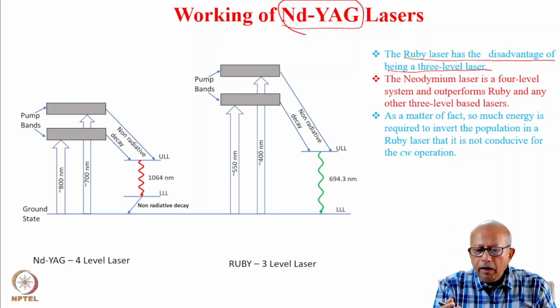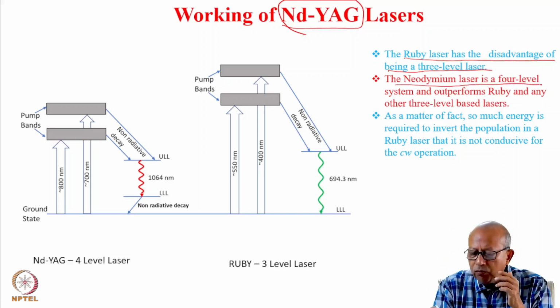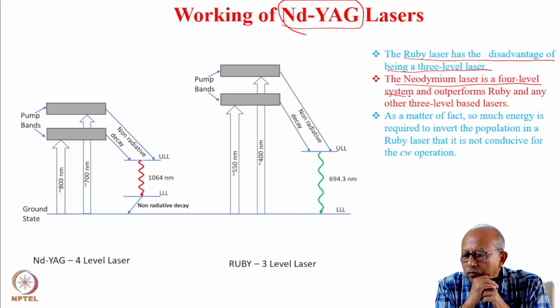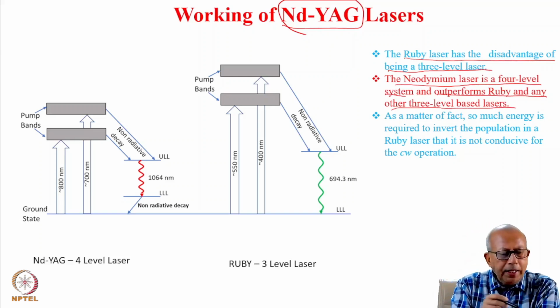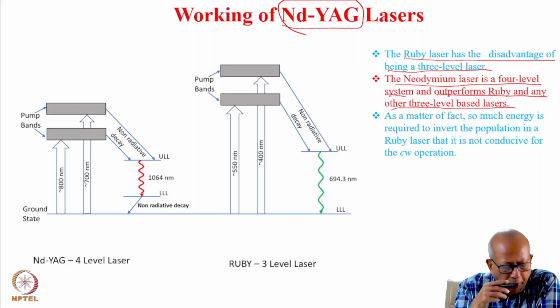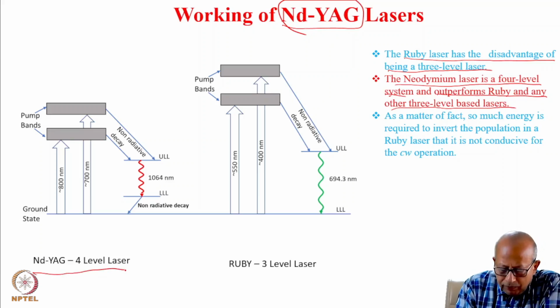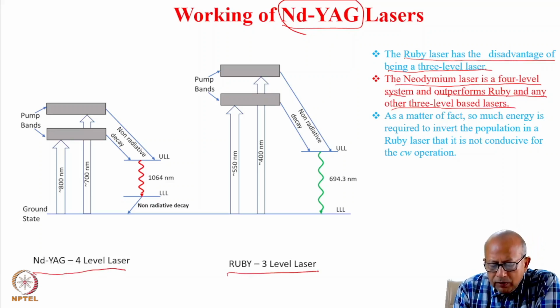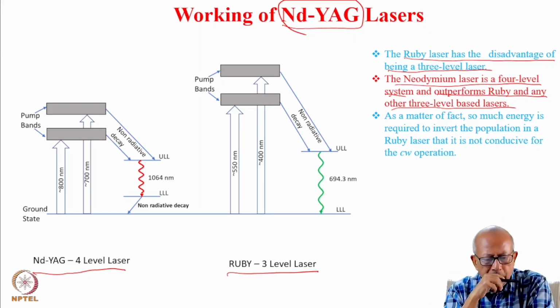In contrast, neodymium laser is a four-level system, and therefore outperforms ruby and any other three-level lasers. The low-lying energy levels of both Nd:YAG, which is a four-level laser, and ruby, which is a three-level laser, that participate in the lasing process are shown here just for the sake of comparison.